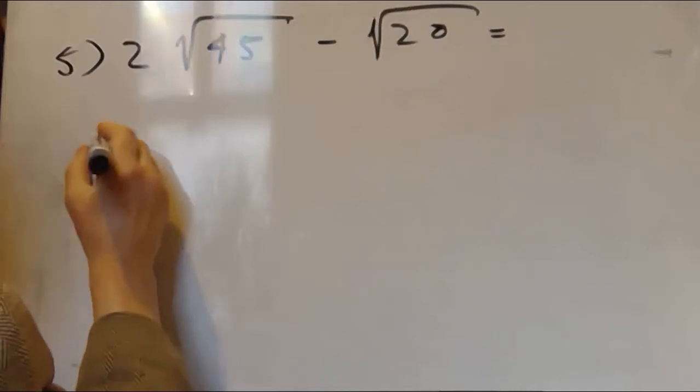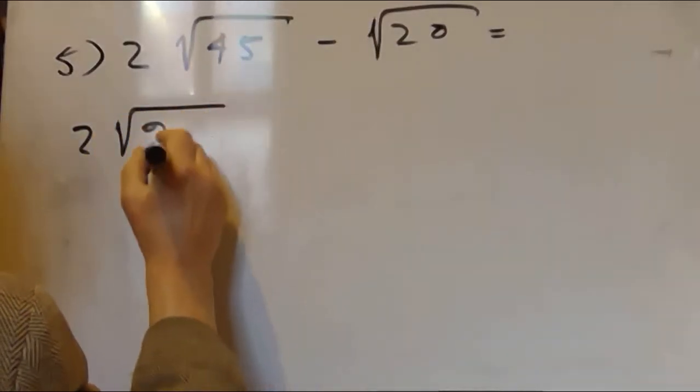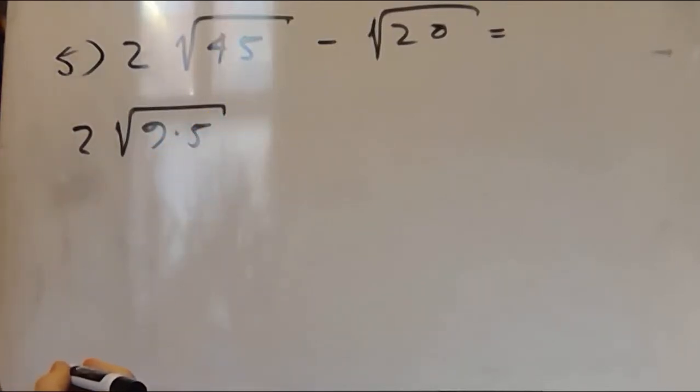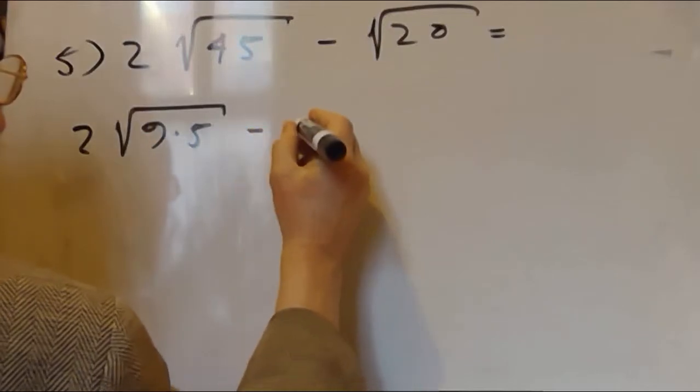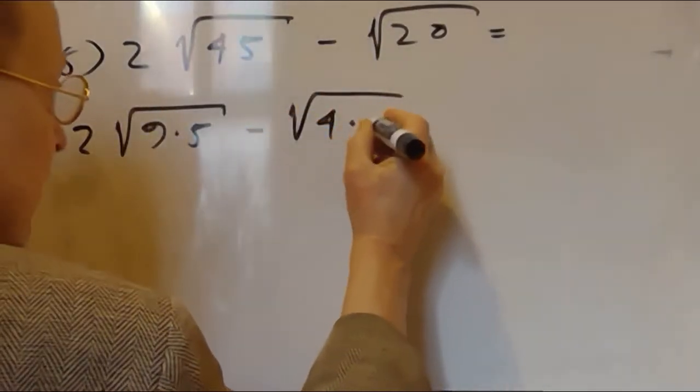So we have 2 square root of 9 times 5 from the 45 minus square root of 4 times 5.